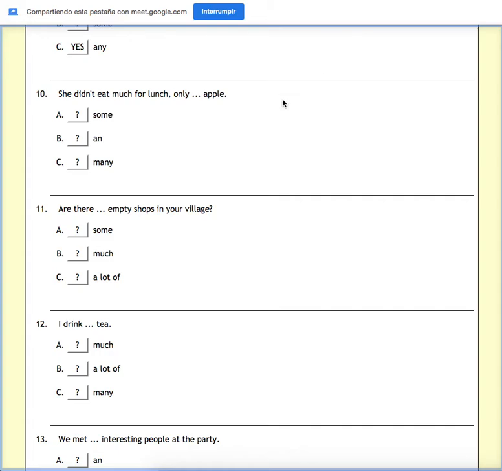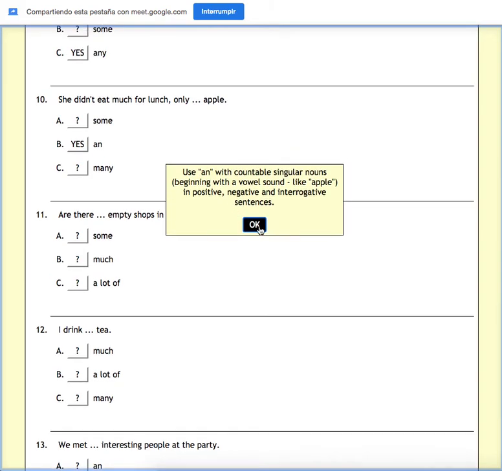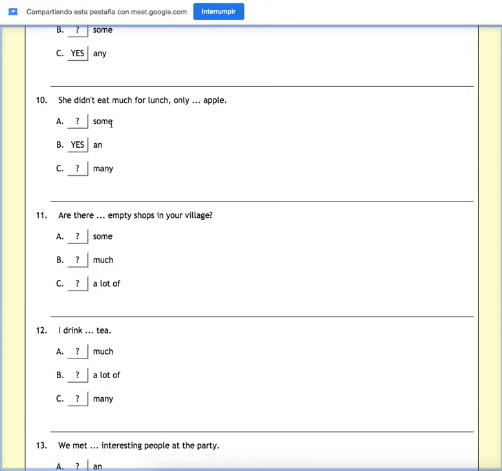No, it is not some. It is actually an. Okay. Ah, yes, it had been written in the chat. Yeah, that's why I check it. So, only an apple, just one apple. Remember that when you use some, it has to be plural. Some apples. If I said only apples, you could use some. But as this is in singular, don't worry.